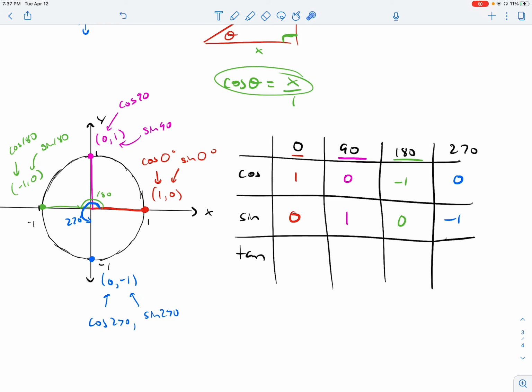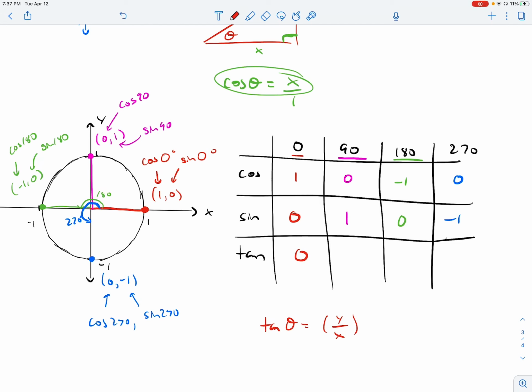Now, to figure out the value for tan, remember it's actually just the slope of the terminal arm. So the red one, at 0 degrees, has a slope of 0. Also, a shortcut to find tan: tan of theta, whatever angle it is, is the y value divided by the x value.